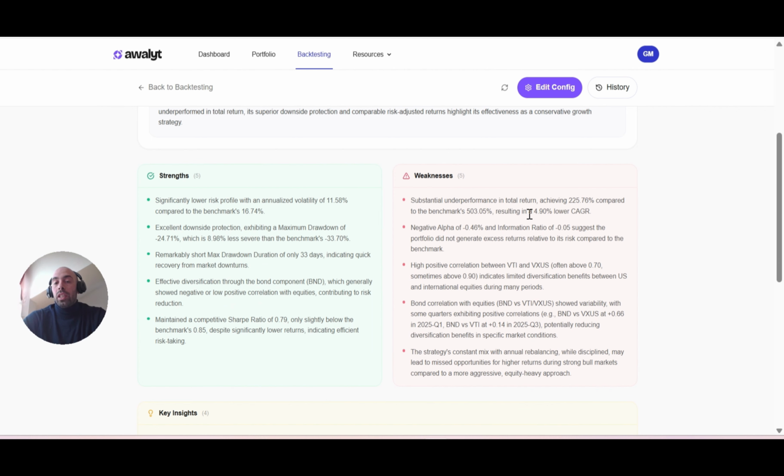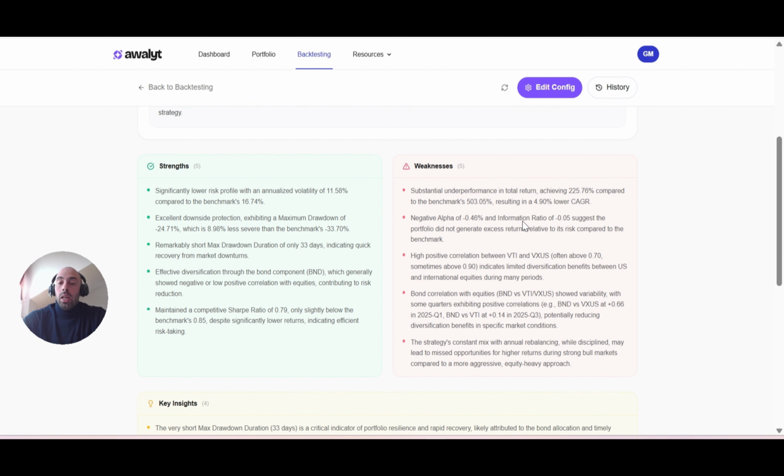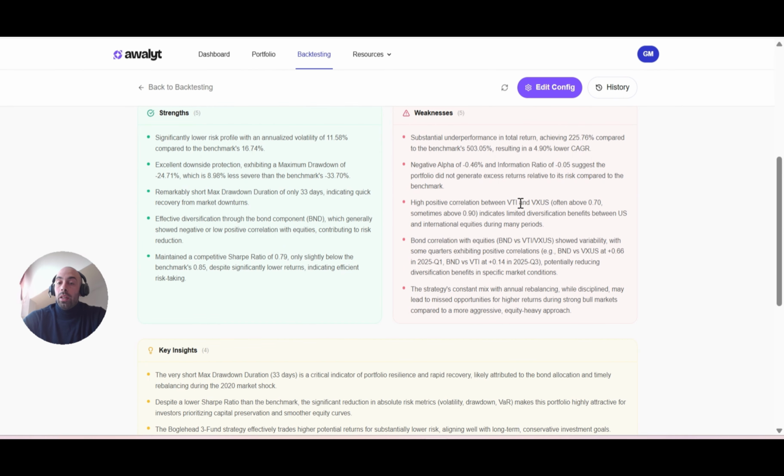Then the weaknesses of this portfolio are that, of course, the returns are much lower than the benchmark. There is a high correlation between VTI and VXUS, and the correlation between equities and bonds in some years, for example in 2025 Q1, has been higher than zero, as we said also in Q2 2022, which means that this asset didn't do the job it was supposed to do.